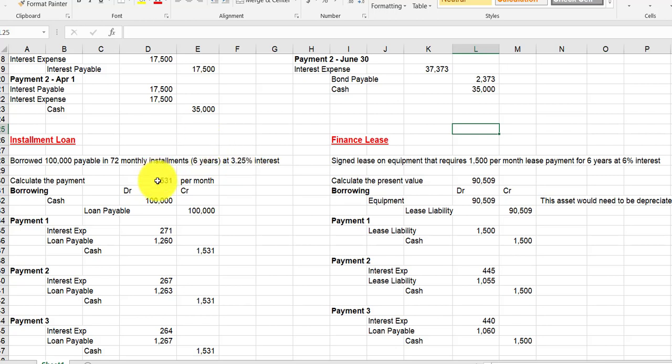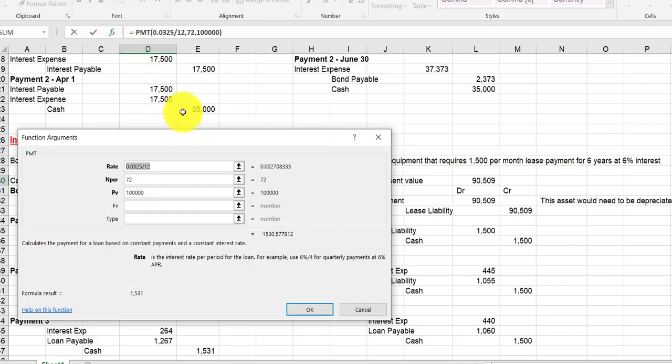So the first step is to calculate the payment. Here is how you do that in Excel. You do the PMT function, or equals PMT. You take the interest rate, divide it by 12, because we're doing monthly payments. If you're doing annual payments, you would not need to divide by 12.